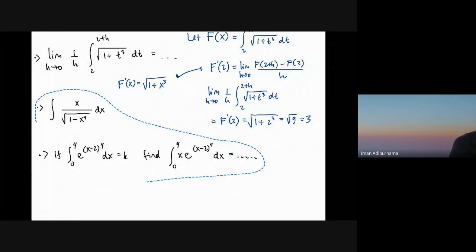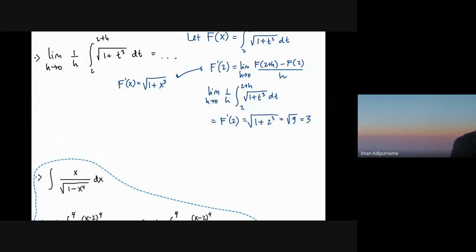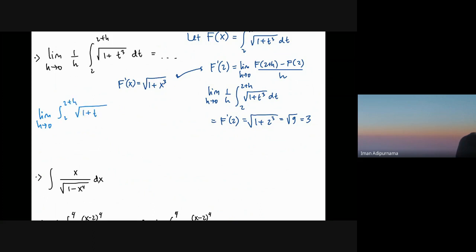Or if you want to check with the L'Hopital rule, you can always also do that. Because if you plug in this 2, it's 0 over 0, right? So you differentiate the first one, and it becomes 1 plus (2 plus h) cubed.